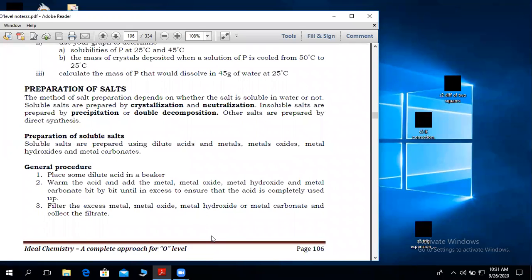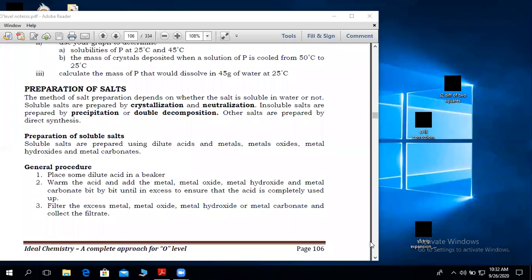Neutralization, we said we use neutralization for salts whose oxides, carbonates, and hydroxides are soluble. And those salts are group 1 salts, that is sodium, potassium, and ammonium.